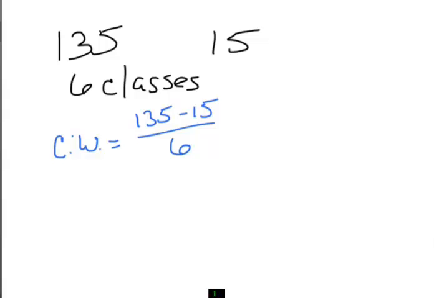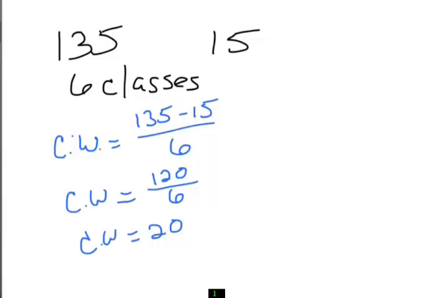So 135 minus 15 gives me 120 divided by 6, which is going to be 20. Even though this is a whole number, remember I want it to be odd, so I'm going to use a class width of 21 because I always want to round up to the next odd number.